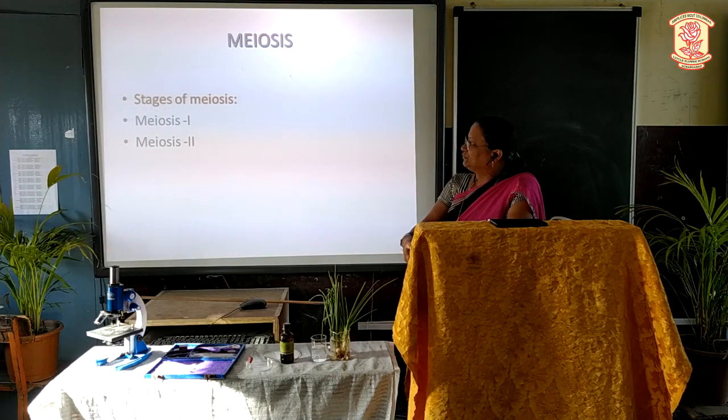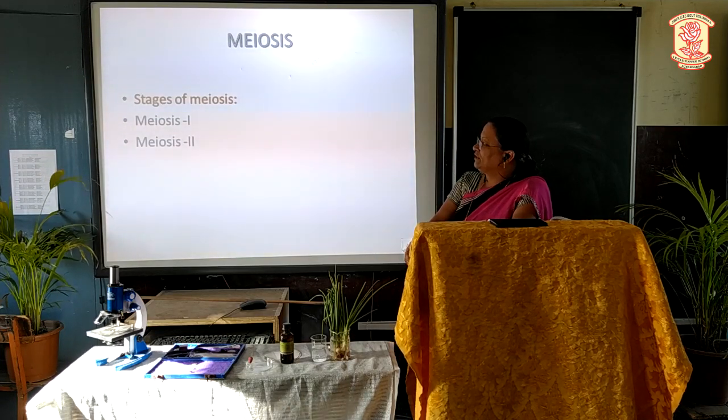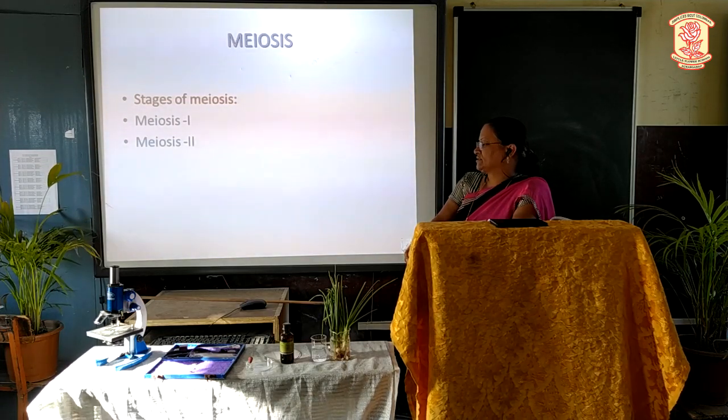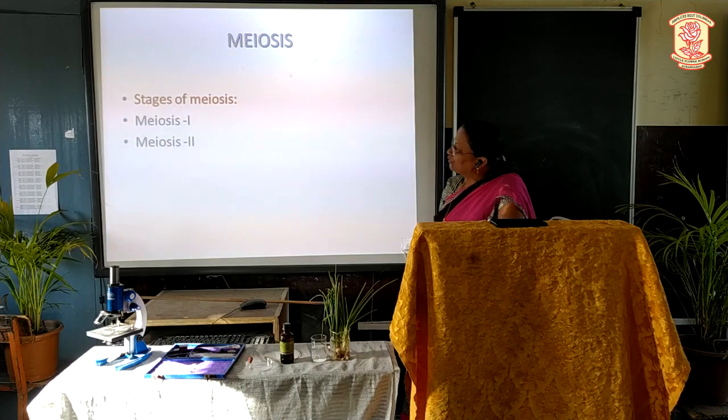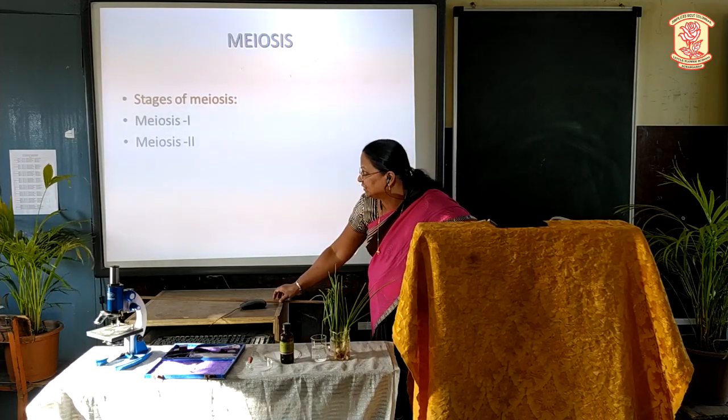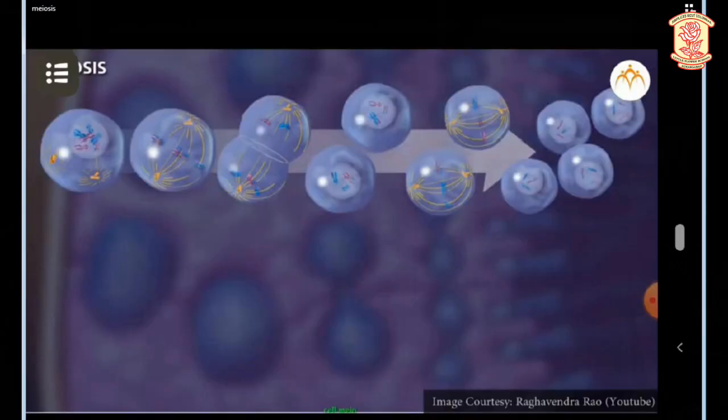Now we proceed to the second stage of cell division, that is meiosis. Meiosis also takes place in two stages, meiosis 1 and meiosis 2. We will visualize this in the video.